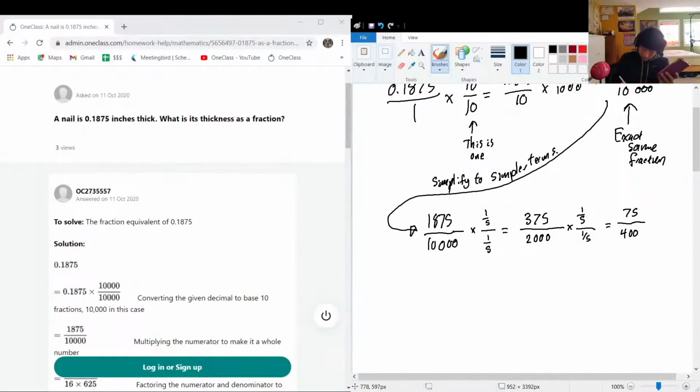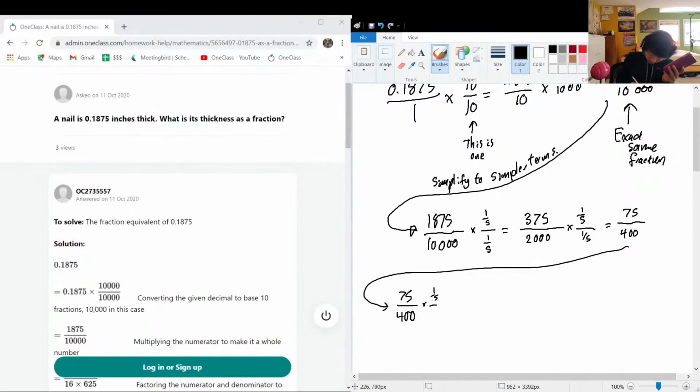Of course, and we can do that same procedure one more time. We see the top is divisible by 5, the bottom is divisible by 5.